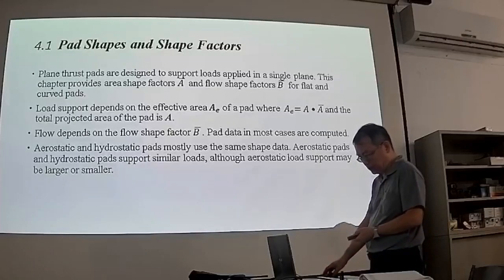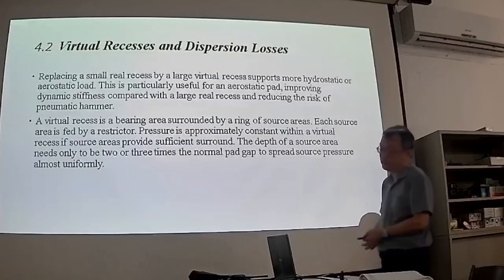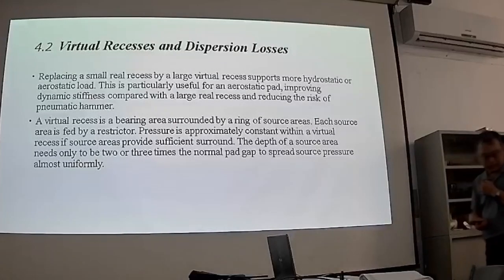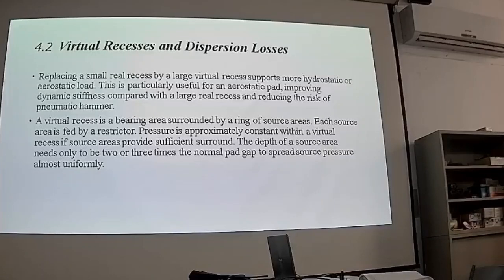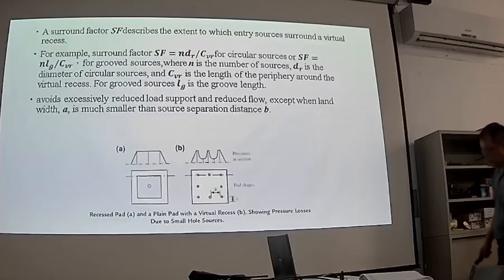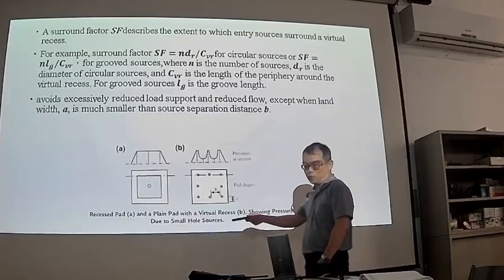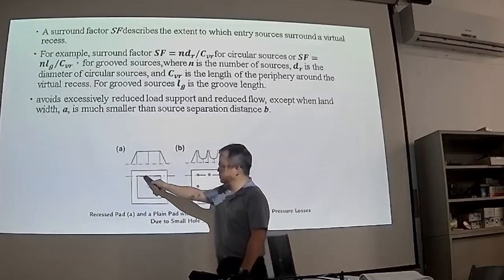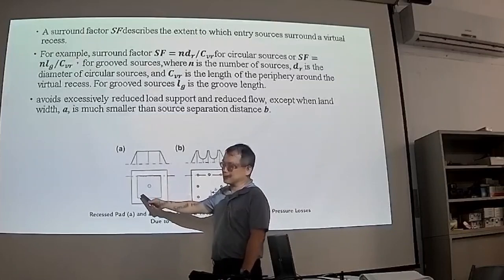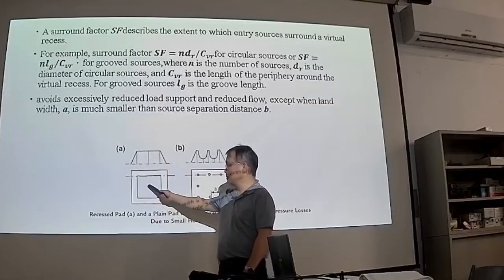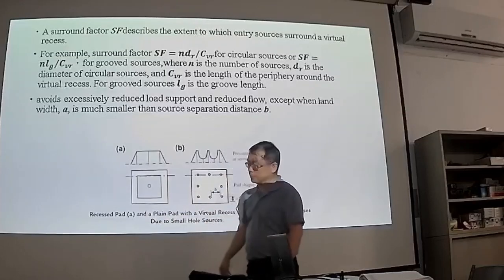And first, we come back again to the virtual recess. When we explained the flow theory in chapter 2, we mentioned the virtual recess. The virtual recess is meant for the A bearing. So this is the normal hydrostatic bearing. You have a square recess here. The inlet hole or oil supply hole is in the center.